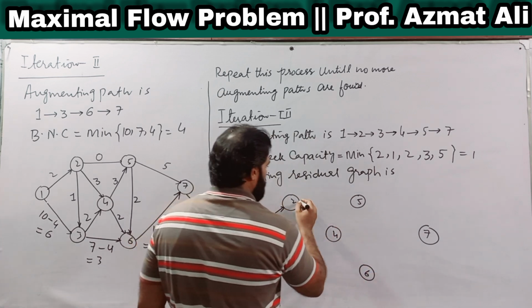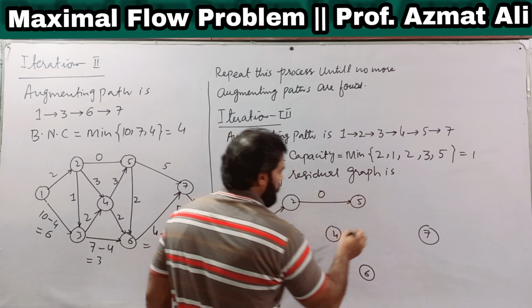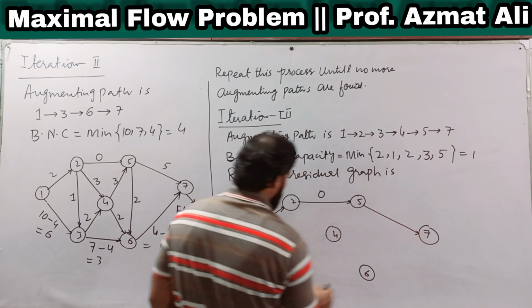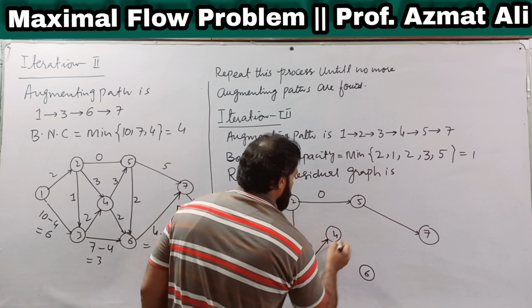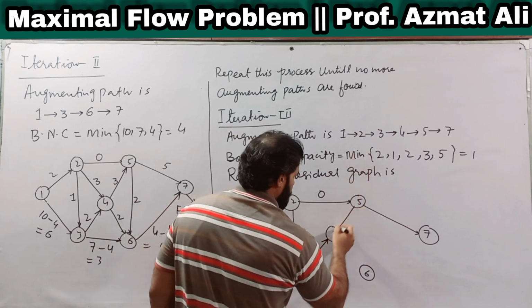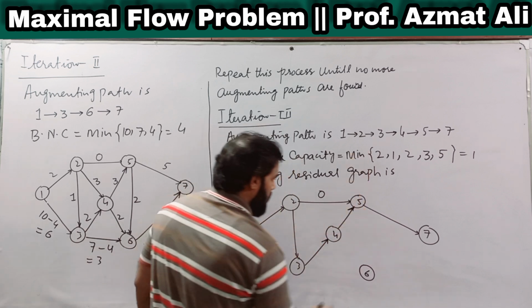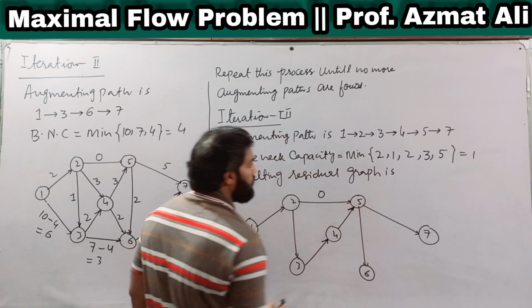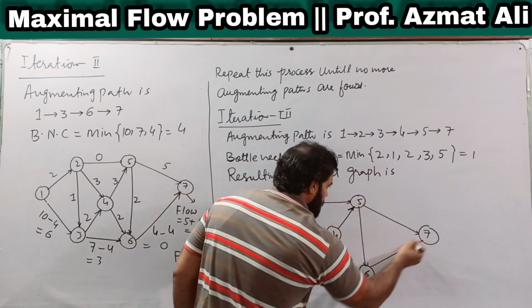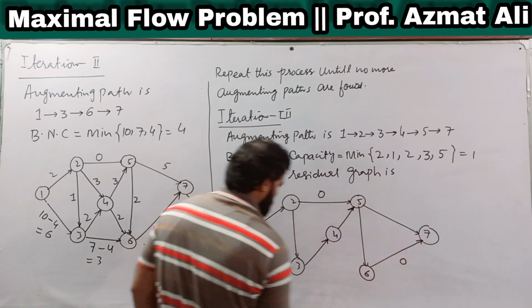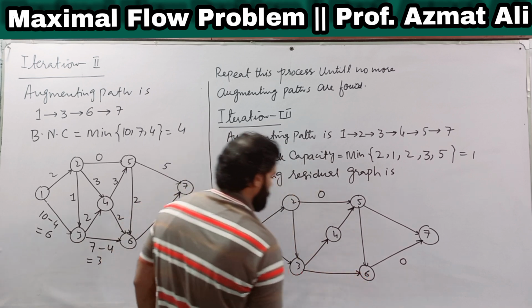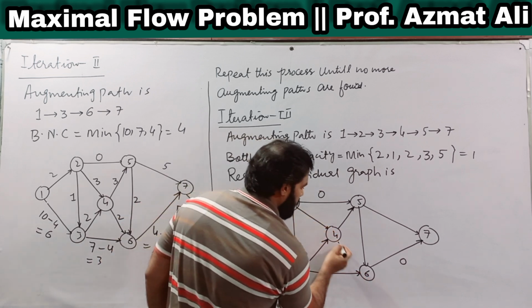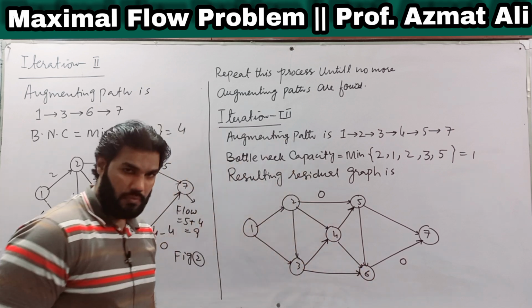Some edges will be changed, while 2 to 5 and 6 to 7 are already 0. The edges 1 to 2, 2 to 3, 3 to 4, 4 to 5 will change, along with 5 to 6, 3 to 6, 2 to 4, 4 to 6.